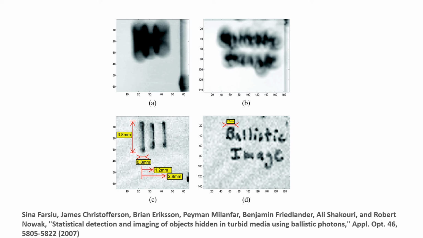Here we have a paper by a kind of all-star cast of investigators led by Sina Farsiu, where at the top we see an image observed through a scattering material with conventional imaging, and at the bottom we see images obtained by this isolation of ballistic photons coming through the material.